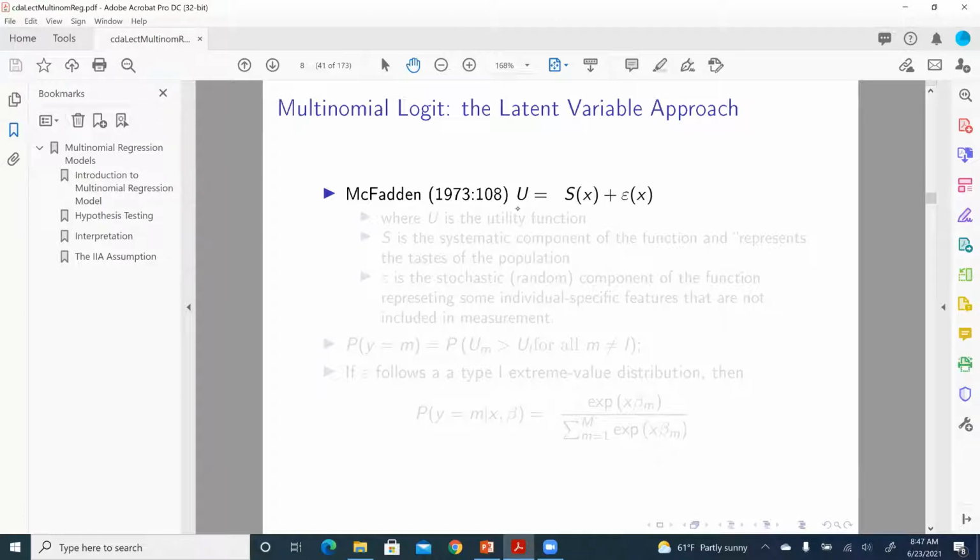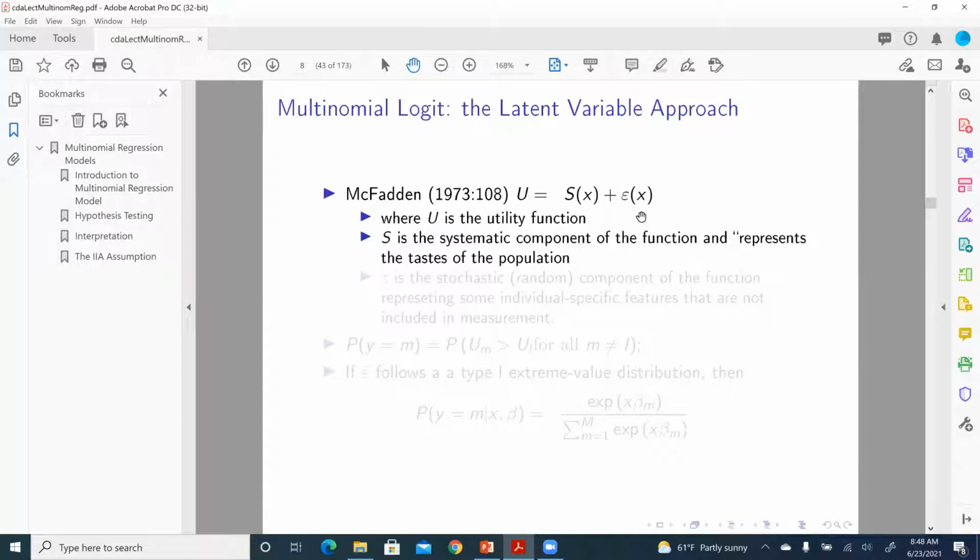Okay? So here u is equal to s of x plus epsilon of x, where u is the utility function, s is the systematic component of the function, and represents the tastes of the population. Basically, s contains the factors that presumably researchers of nominal response variables already know.